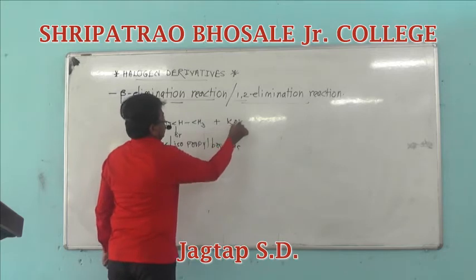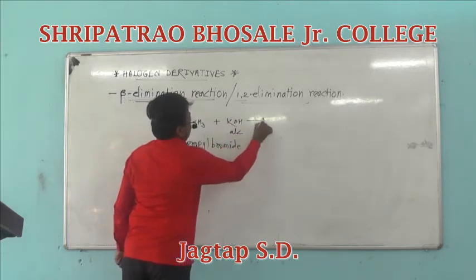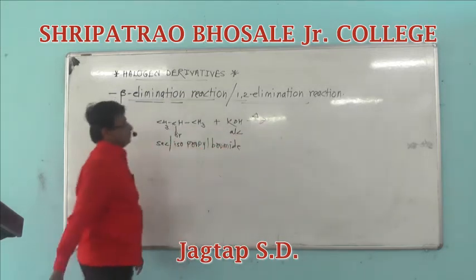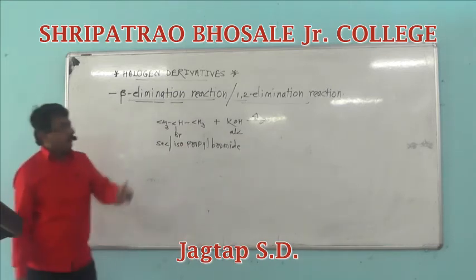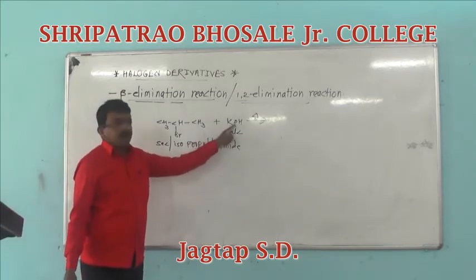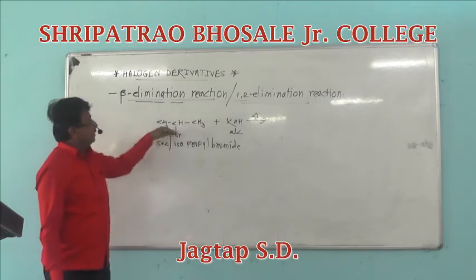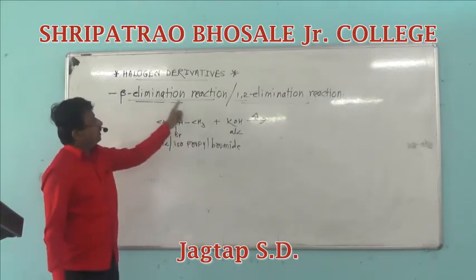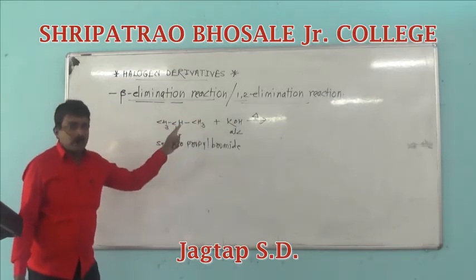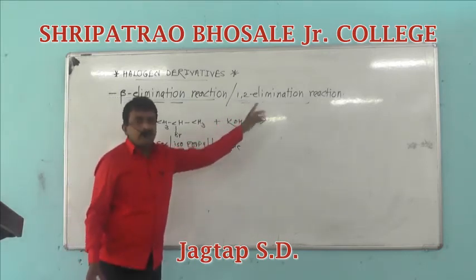Secondary or isopropyl bromide is boiled with alcoholic potassium hydroxide. In the presence of alcoholic potassium hydroxide, alkyl halide undergoes beta elimination, that is 1,2 elimination.